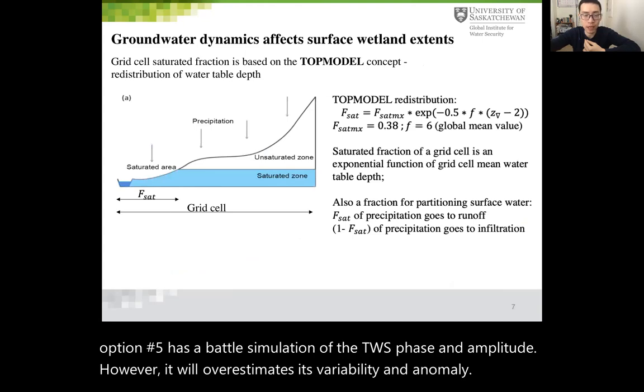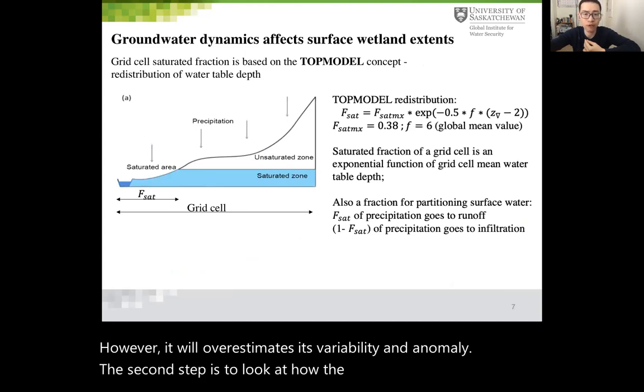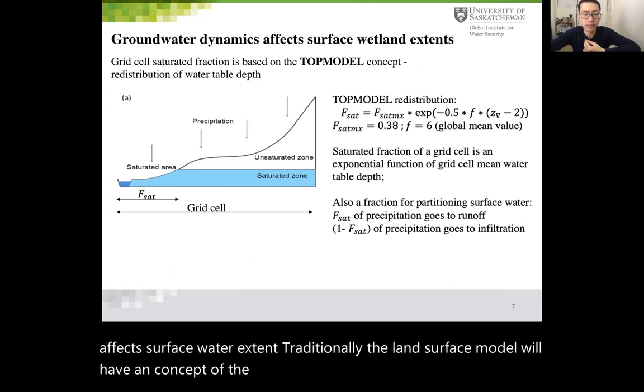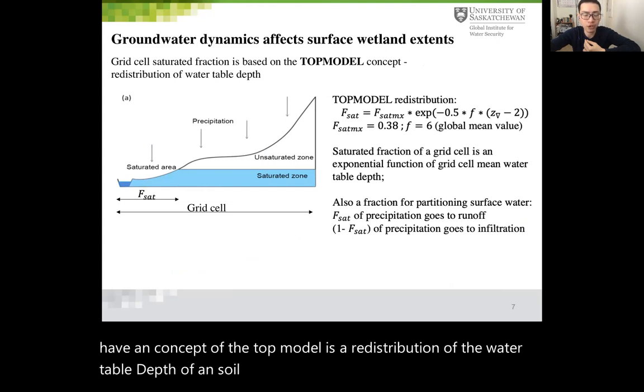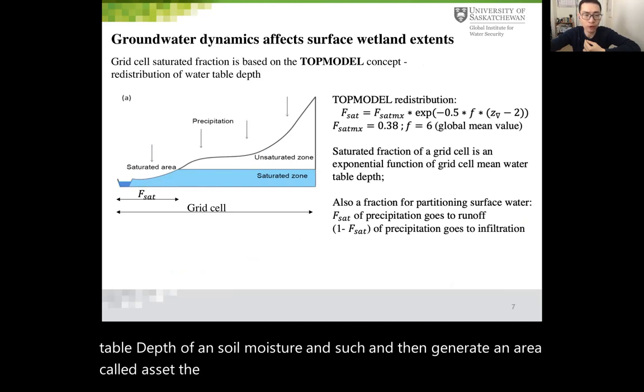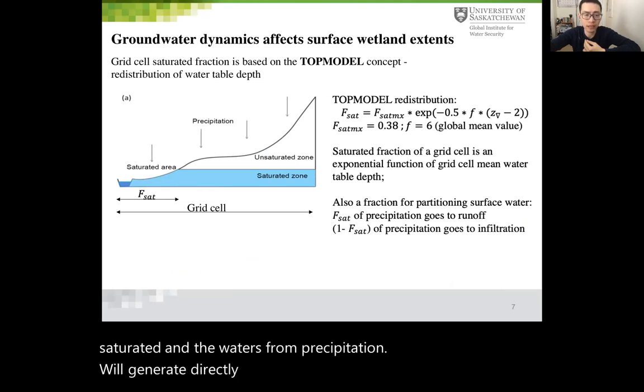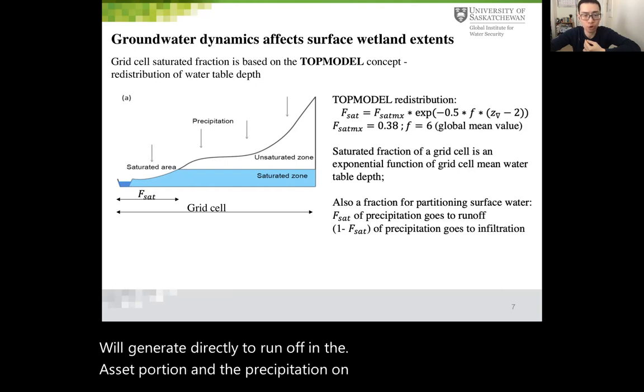Now, the second step is to look at how the groundwater dynamics will affect the surface water extent. Traditionally, the land surface model has a concept of TOPMODEL, which is a redistribution of the water table depth and soil moisture, and then generates an area called Fsat. The Fsat is a fraction of the grid cell that is saturated, and the water from precipitation will go directly to runoff in the Fsat portion, and the precipitation on the 1 minus Fsat portion will drain underground and become infiltration.